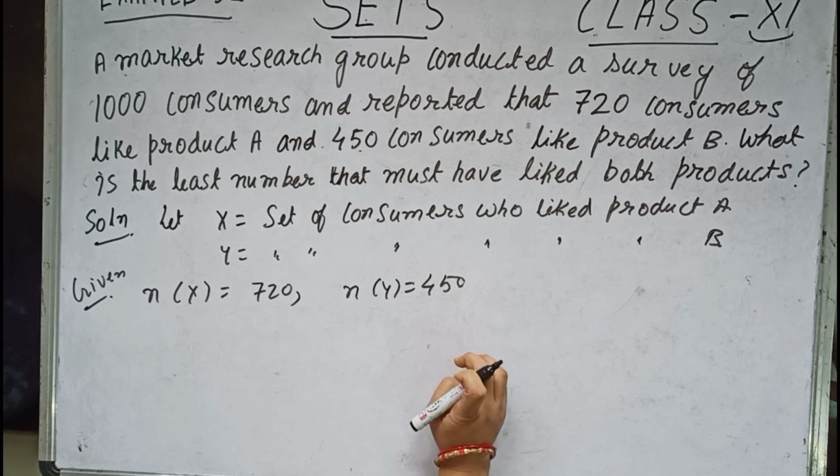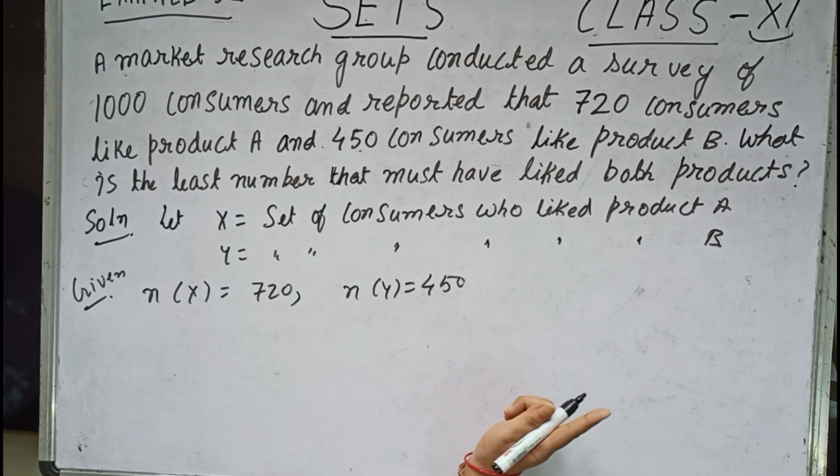Now the question is asking what is the least number that must have liked both products.